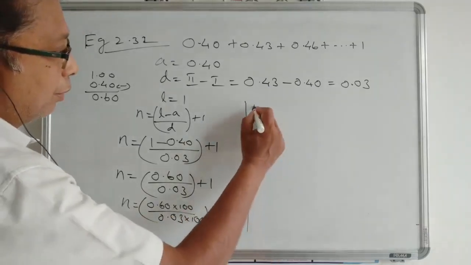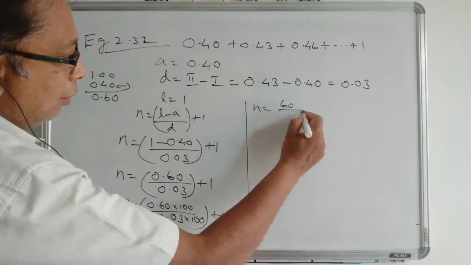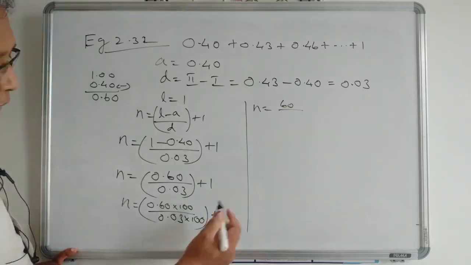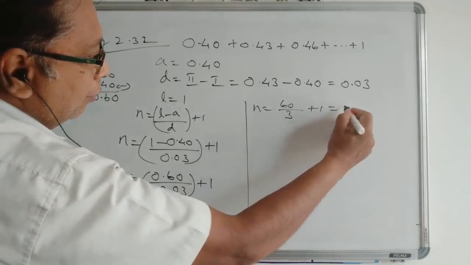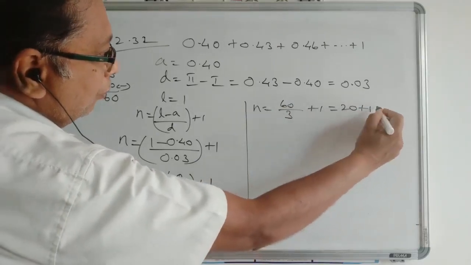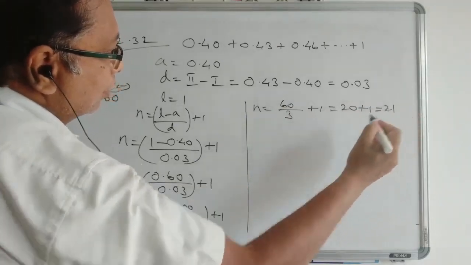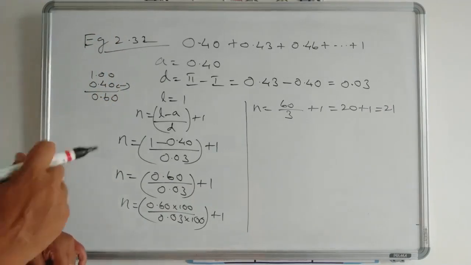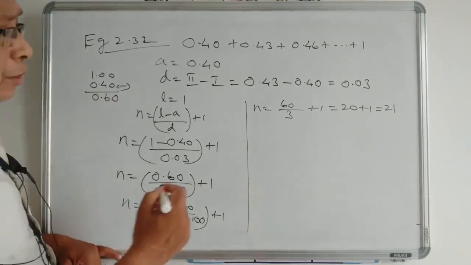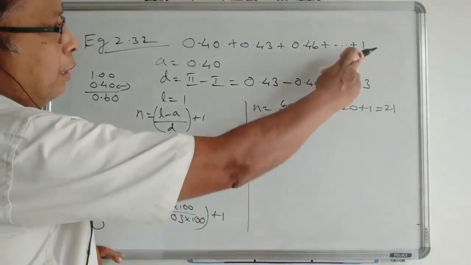Therefore we get n equal to 60 divided by 3 plus 1. 60 by 3 is 20, 20 plus 1 equal to 21. Therefore we find the n value is 21. Next we want to find the sum of the series.